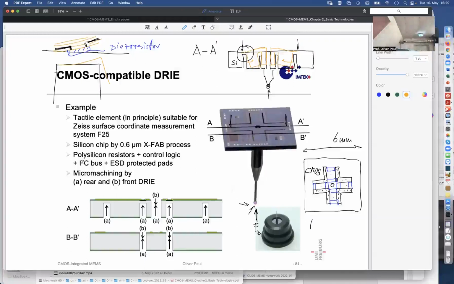So I have a way to measure the force with which something acts on that tip.